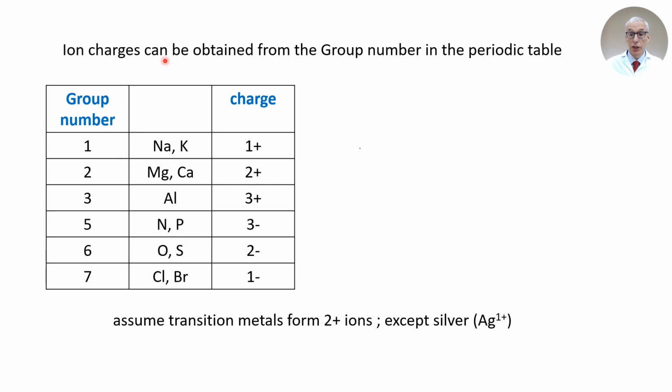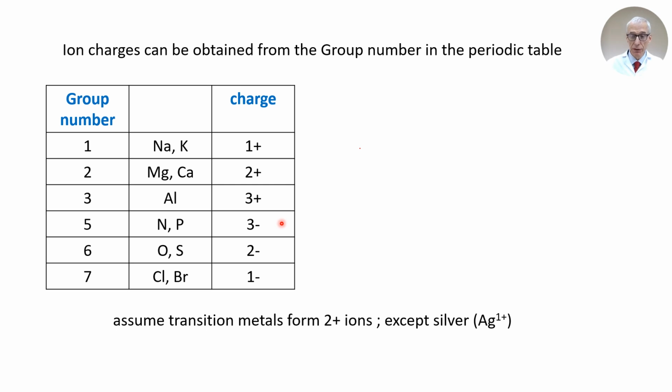The ion charges, of course, can be obtained from the group number in the periodic table, which we covered earlier in this lesson, but just for review. Group 1, all ions are 1+. All ions formed by group 2, 2+. Aluminium, 3+ in group 3.